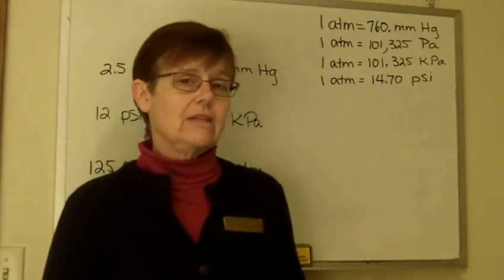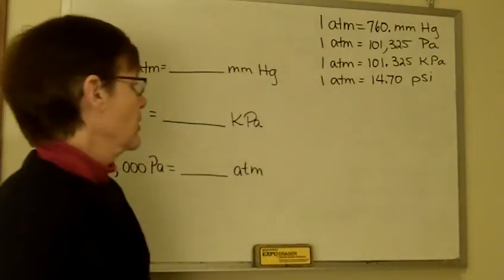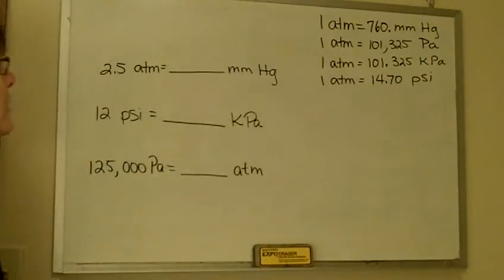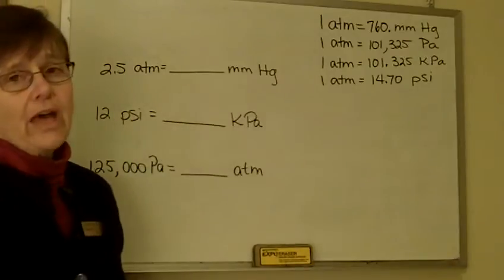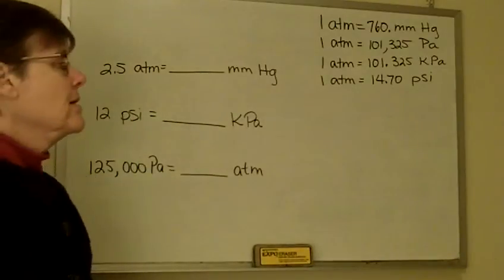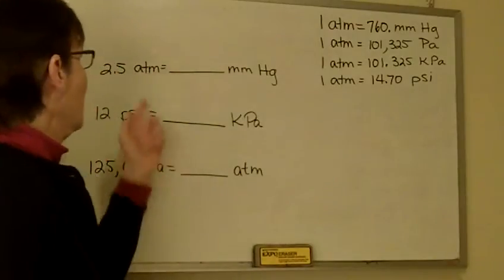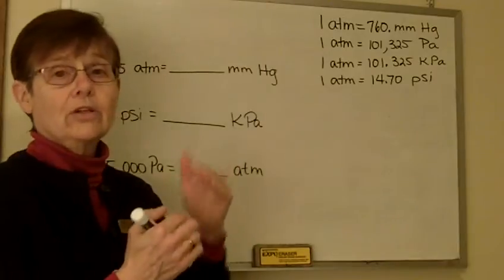So it's relatively easy to solve these problems if we use ratios. So I have 3 problems on the board here that I'm going to solve, and I'll show you how to do that. So the first one, we want to take 2.5 atmospheres and convert that into millimeters of mercury. So what I'm going to do here is set up a ratio of atmospheres to millimeters of mercury, so I know what the ratio ought to be.